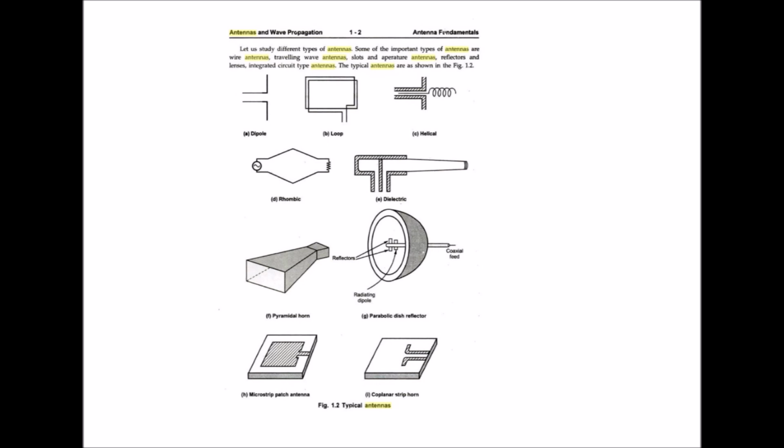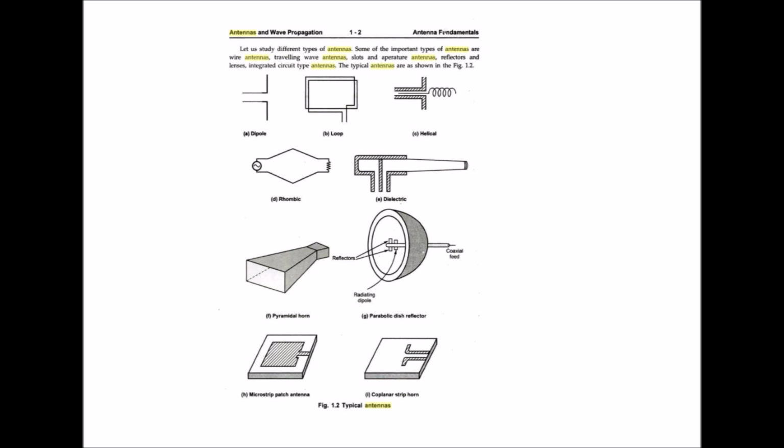G. Parabolic dish reflector, which in the picture shows reflectors, radiating dipole, and a coaxial feed. H. Microstrip patch antenna. I. A coplanar strip horn. Figure 1.2 was the title of this picture, and it's called Typical Antennas.